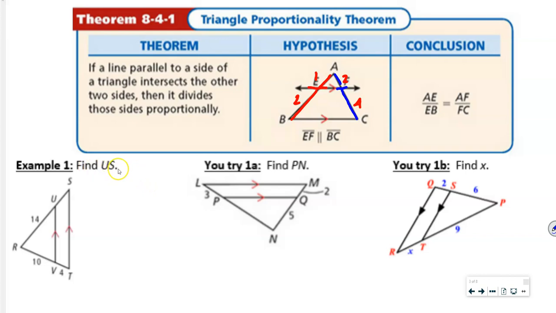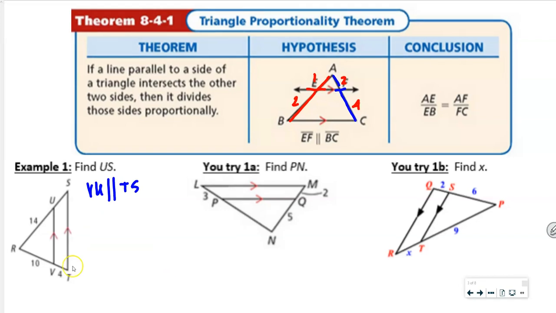So it says find US. Well, the first thing we have to see is, do we have a pair of sides that are parallel? We do. UV is parallel to TS. So I'm going to draw a line right here where UV is, so that you guys can see that we've got RU over US, and that's going to be equal to, on the other side, RV over VT.